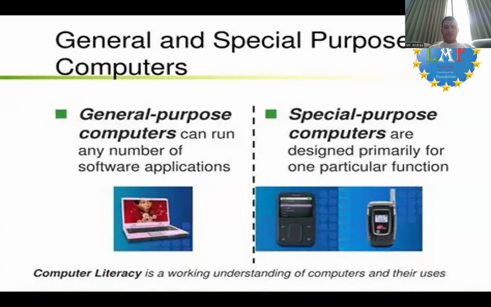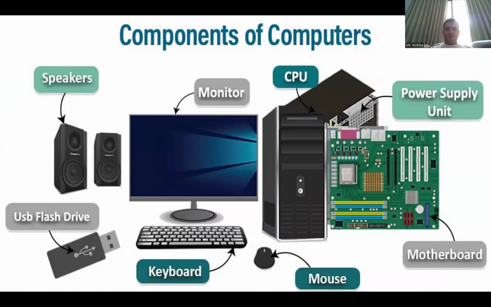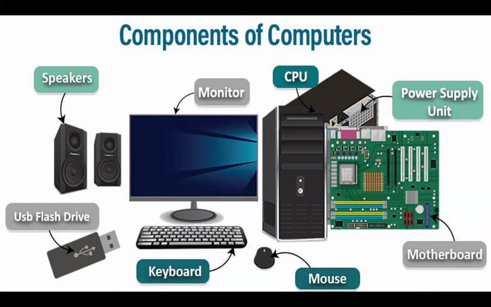At the core of every general purpose computer lies a beautiful partnership. Hardware, the physical components like the CPU, memory and storage, speakers, monitor, motherboard, power supply unit, mouse, USB, and so on.